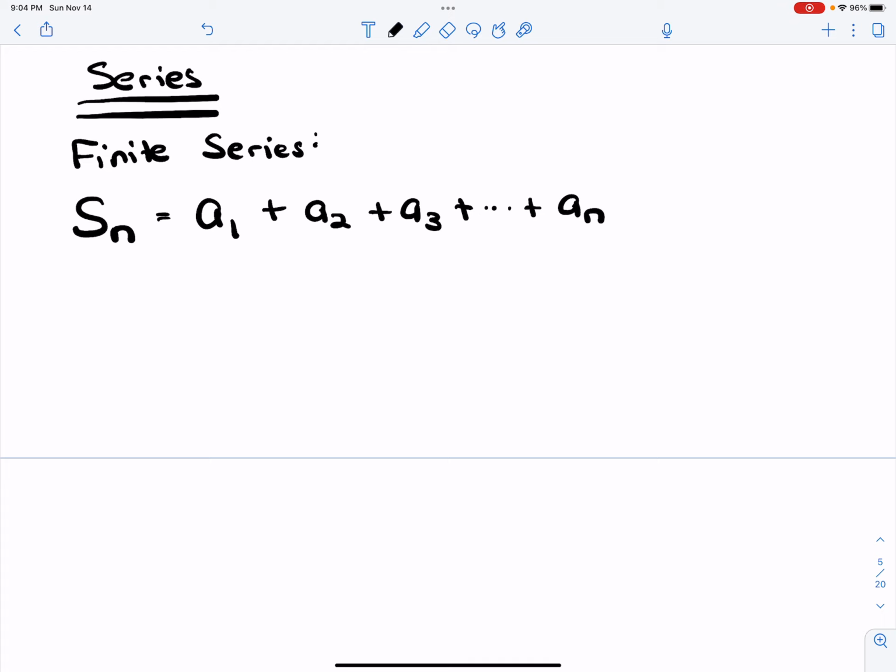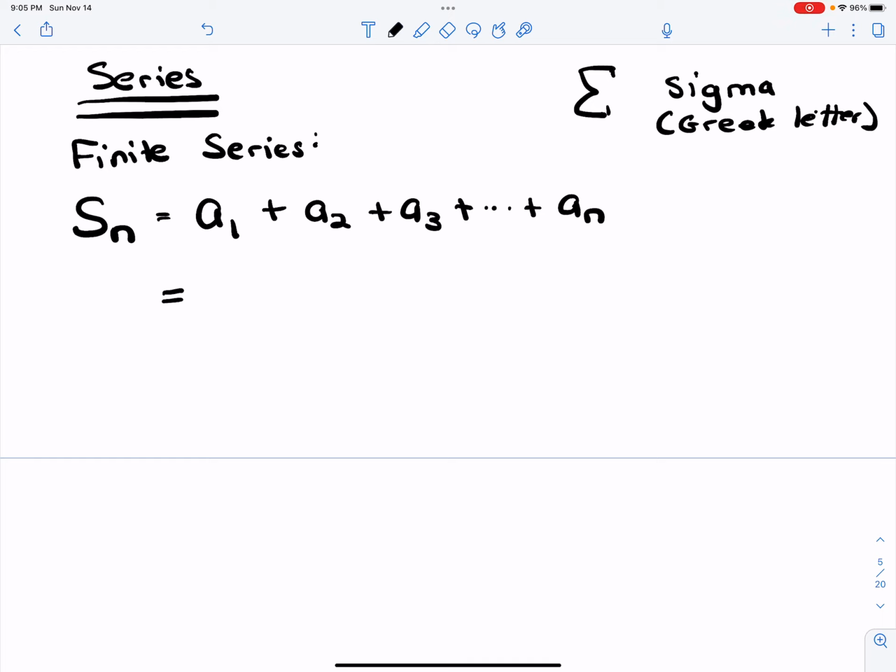You can write this using something called summation notation. You're going to use the Greek letter sigma. And in math, sigma means summation.